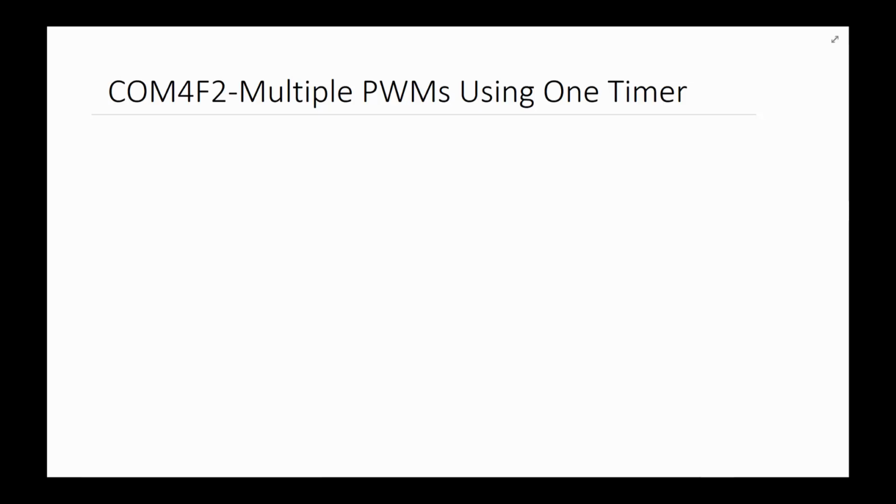In the last couple of videos, we have been discussing pulse width modulation and talked about what it means and how the duty cycle controls the power. And then in the last video we talked about using the built-in PWM, where you just set a couple of registers and that would control whatever pulse width you want to come out.